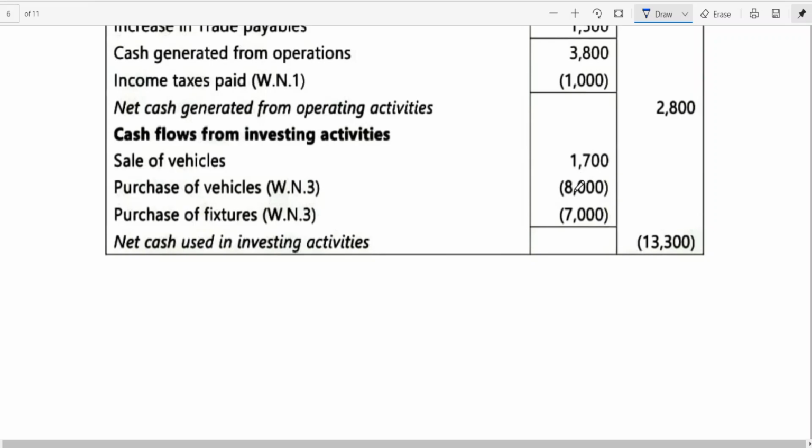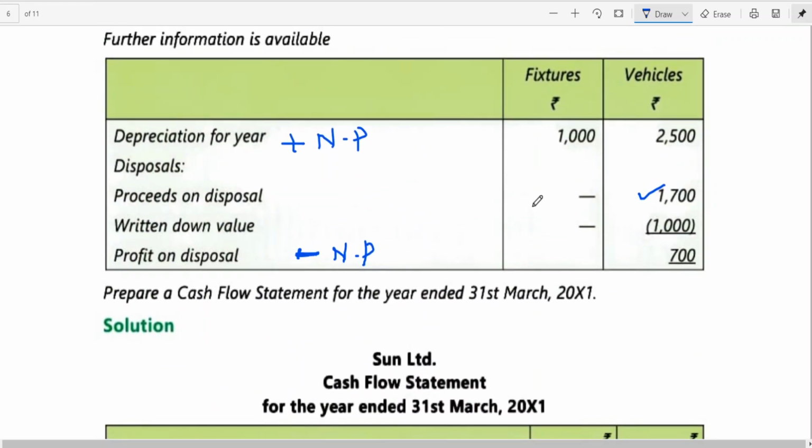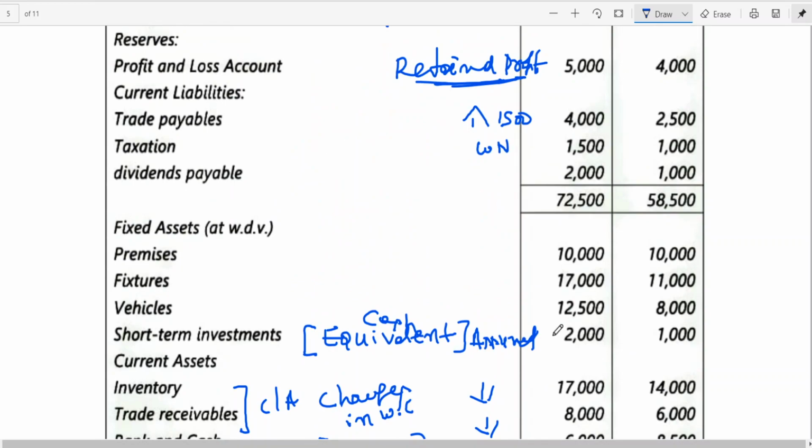Now the question is, as I told you, if there is any further information when you compare, like opening of a vehicle account, depreciation has been given, and if you look at the vehicle here, 12,500 and 8,000.